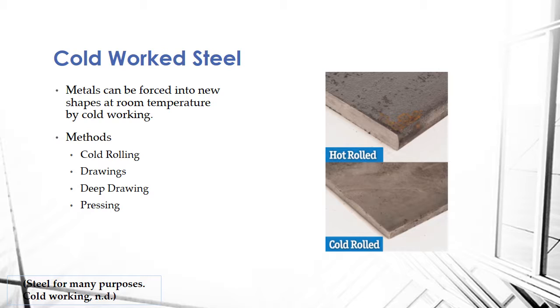This is the process used to make seamless tubes and some cans. Sometimes cans are formed from a flat sheet and welded. And then there's pressing. A metal sheet is pressed onto a shaped die or mold to form an intricate shape, such as a car body panel.